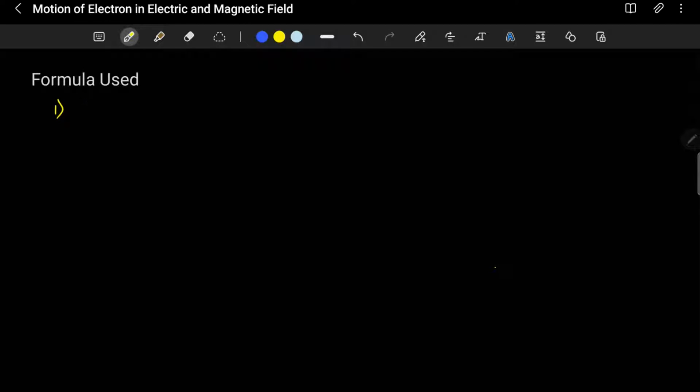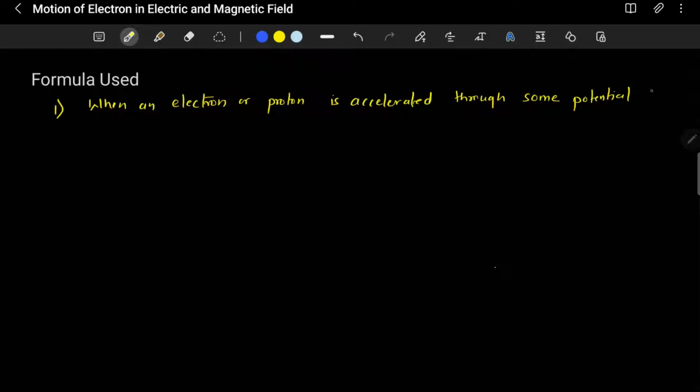When an electron or a proton or any charged particle is accelerated through some potential difference V, then the kinetic energy developed in the charged particle is given by eV, or half mv square is equal to eV.